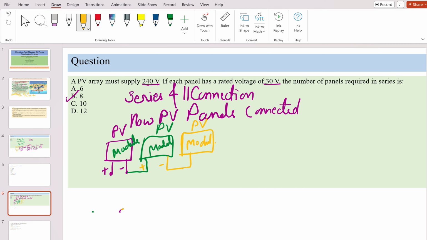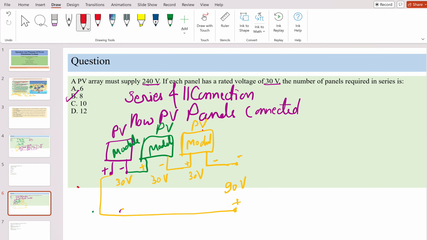Suppose this is a voltage of 30 volt. Then we have connected again a 30 volt, then again a 30 volt. So when you see what you are getting at the negative here and the positive here, you are getting 90 volt.